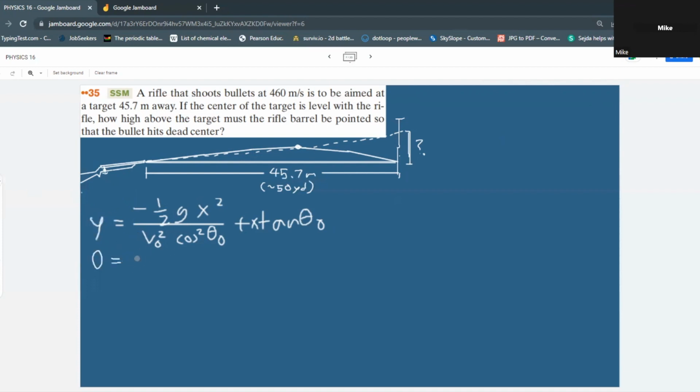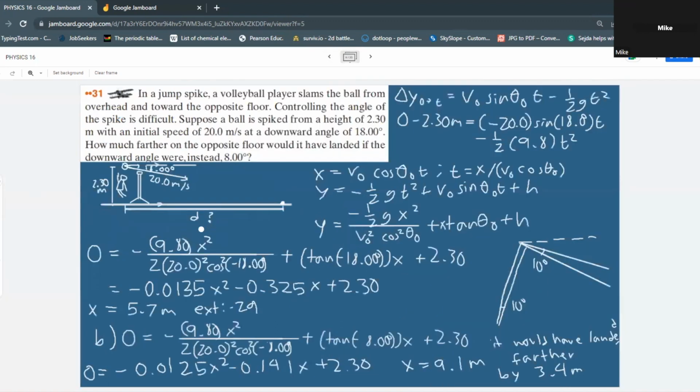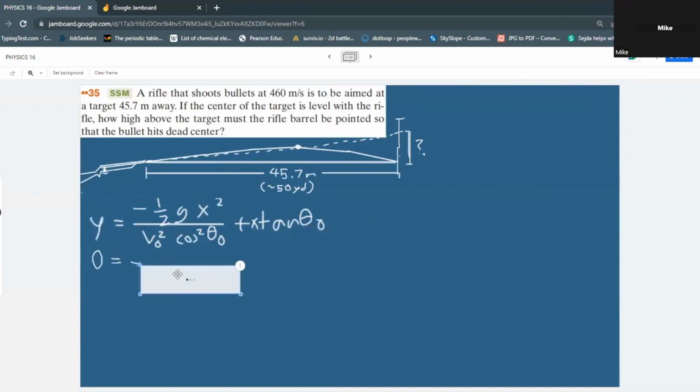0 equals -1/2. What was the earlier thing? I will simply replace the values. What is the angle? Unknown. So you leave the angle as unknown.